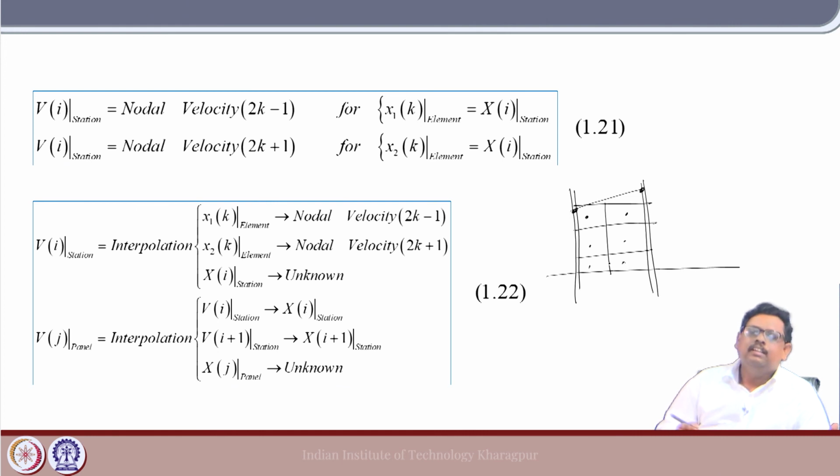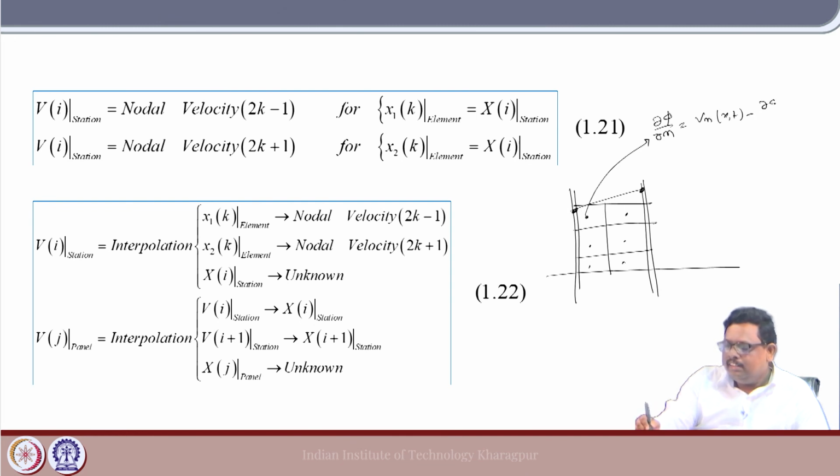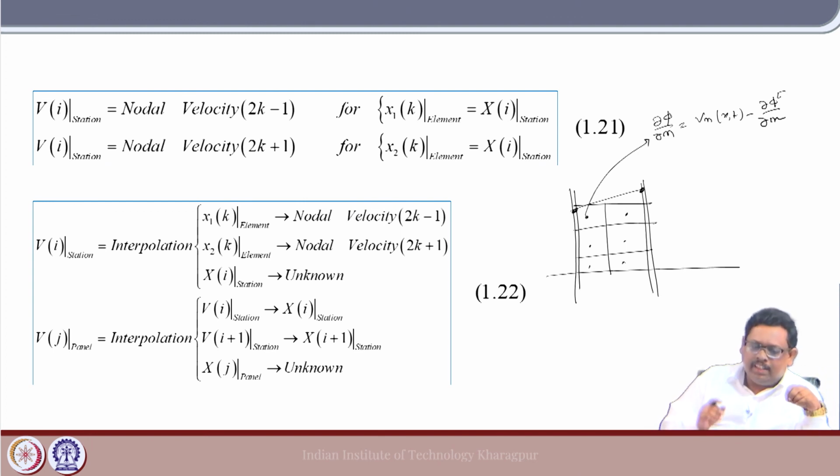This velocity we again fit into the body boundary condition, which is del phi by del n equal to Vn(x,t) minus del phi I by del n. In this equation we put this, and again we get phi at the next time step, and again I get the force at the centroid.